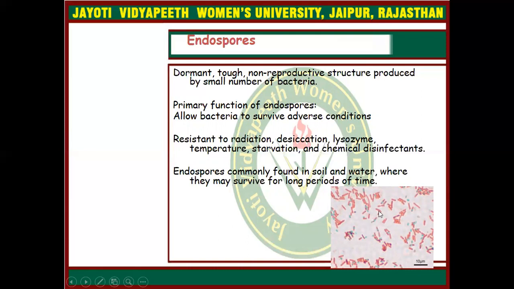The green color is the endospore, and these are the bacterial shapes. That is a bacillus bacterium, and the green color is known as the endospores. These endospores are found only in some selected bacteria that have the capability to produce endospores.